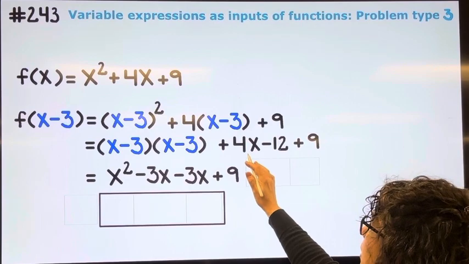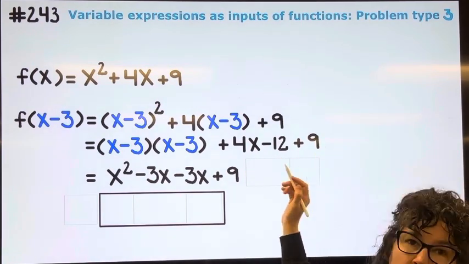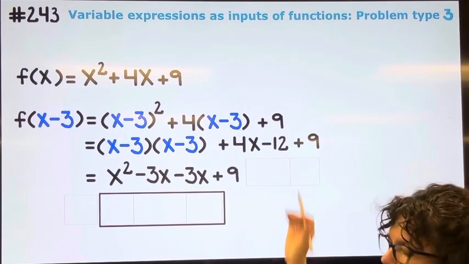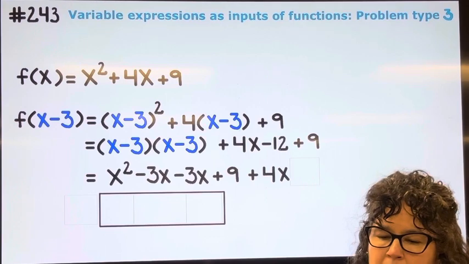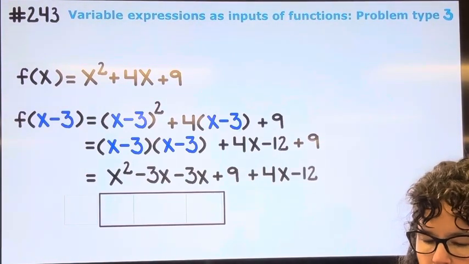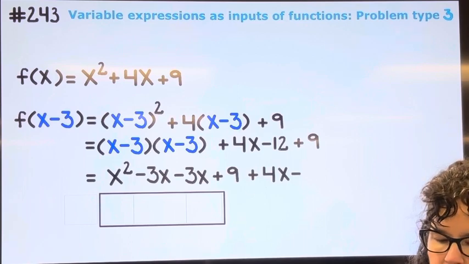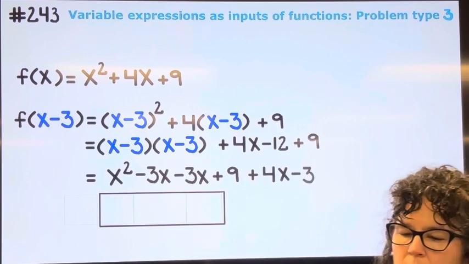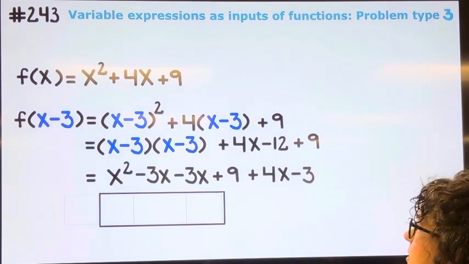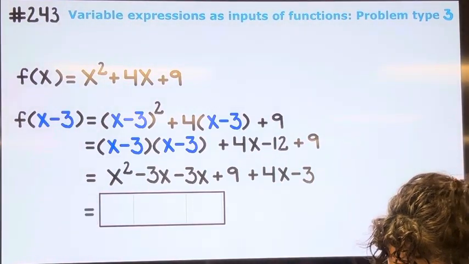We can bring down the 4x minus 12 plus 9, but while I bring that down, let's go ahead and simplify just a little bit. We've got our 4x, and negative 12 plus 9 is going to be negative 3. Let's put that there. All right, next we can finish with just simplifying.